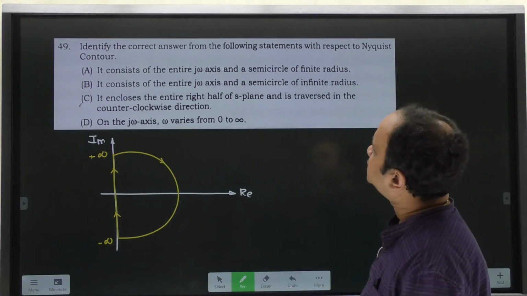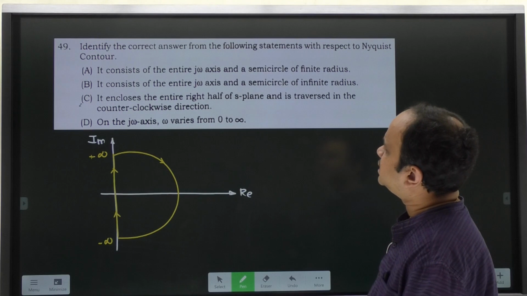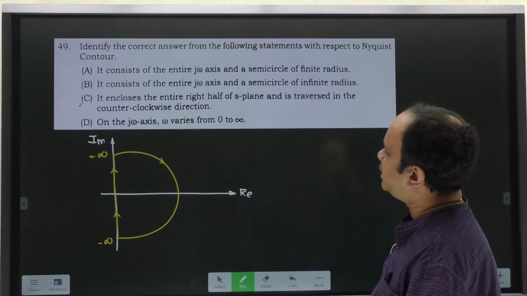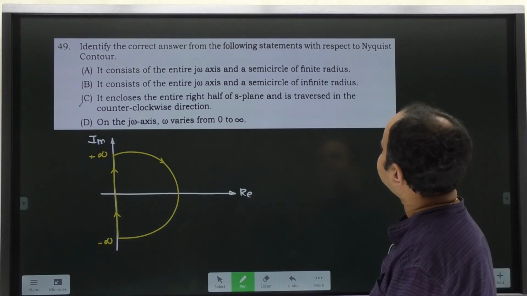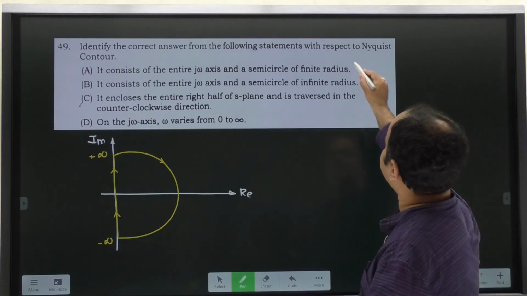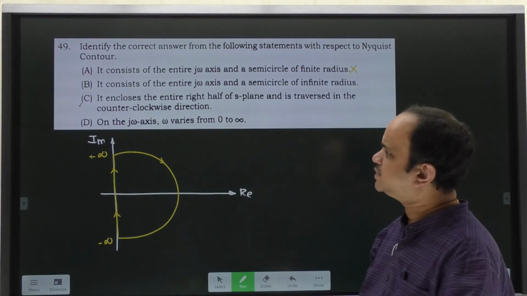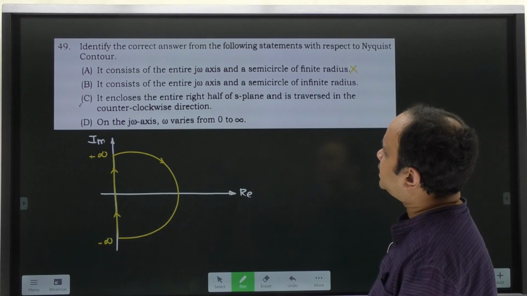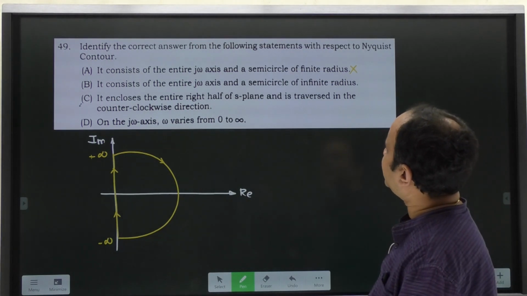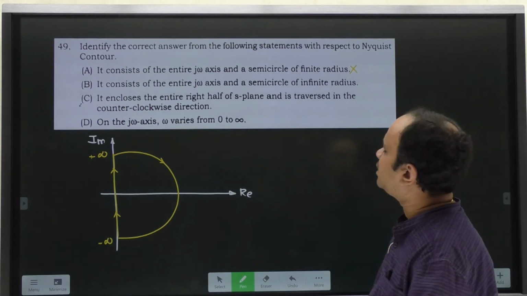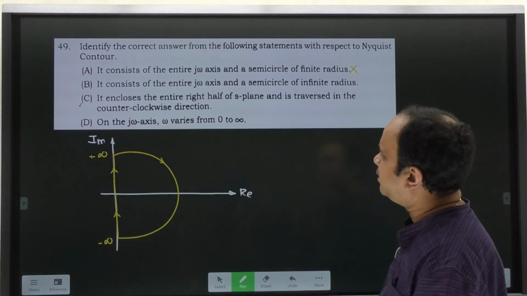Now let us see what the answers are. It consists of the entire j omega axis, that is true, and a semicircle of finite radius. This is wrong, it should be infinite radius. Second option, it consists of the entire j omega axis and a semicircle of infinite radius. It is okay.